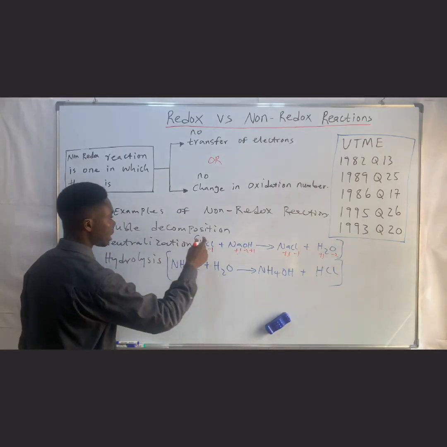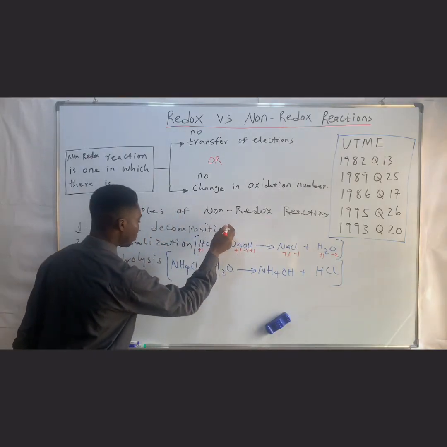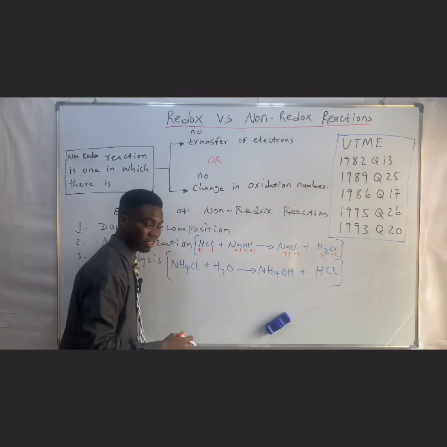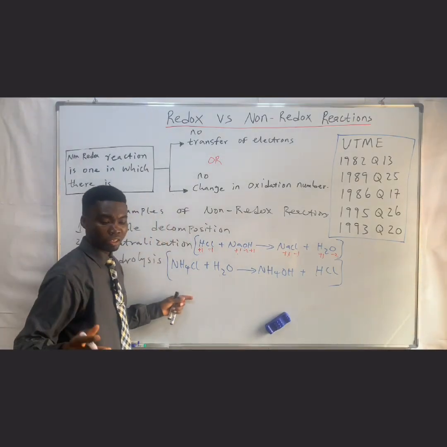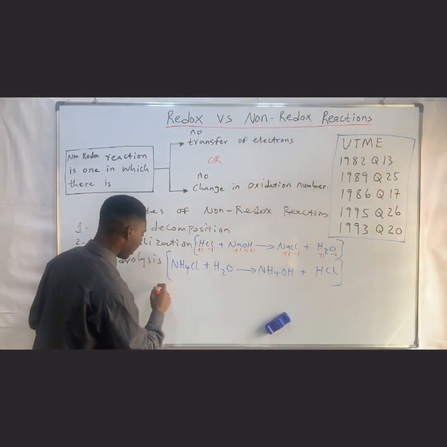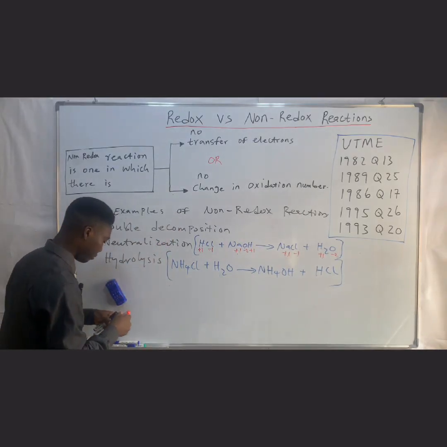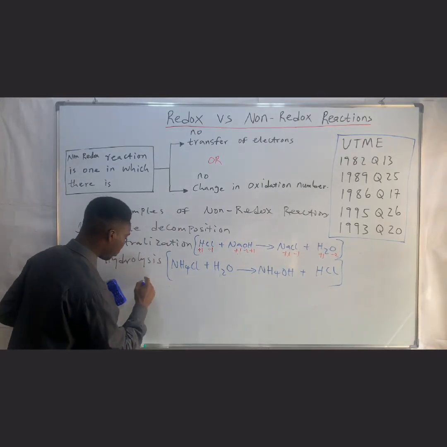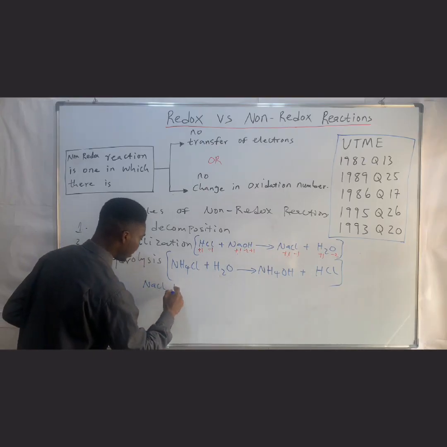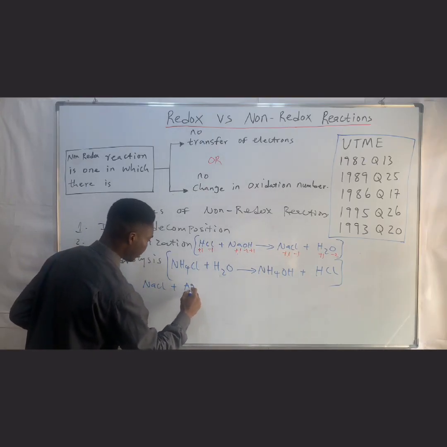For double decomposition reaction, a good example is when sodium chloride reacts with silver nitrate.